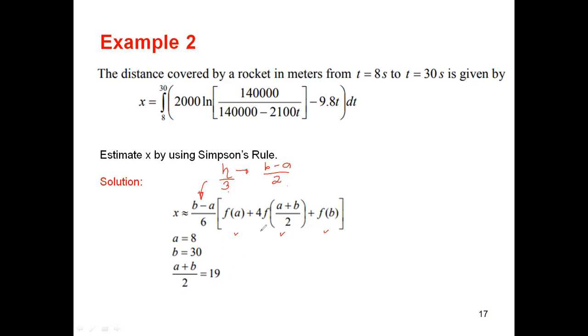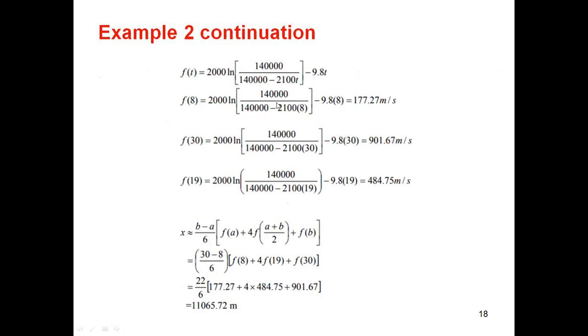Okay. Now, what would be the value for this one? So you have f of 8, you have f of 30, and you have f of 19. Now, why f of 8, then 30, then 19? 8 is your lower limit. 30 is your upper limit. The thing in between should be incremented from the lower limit by how much? What's the increment?